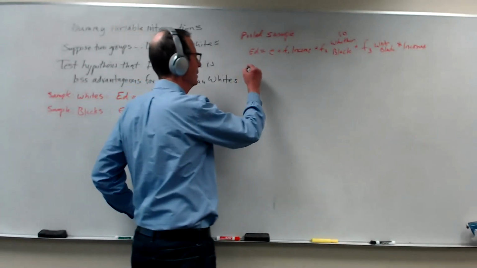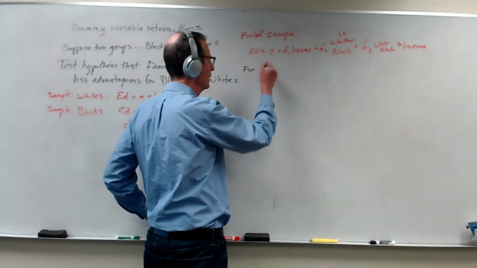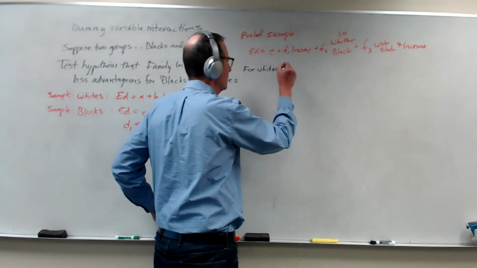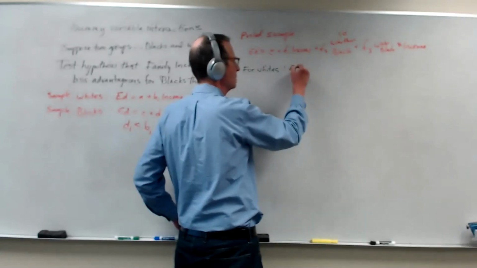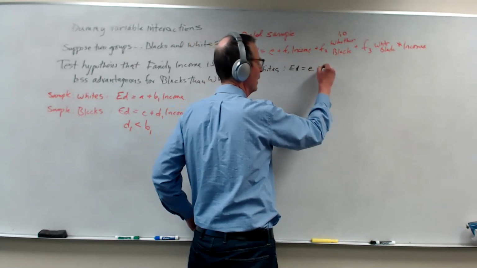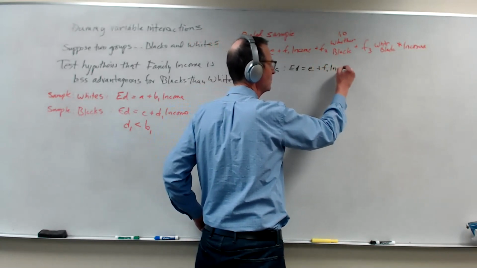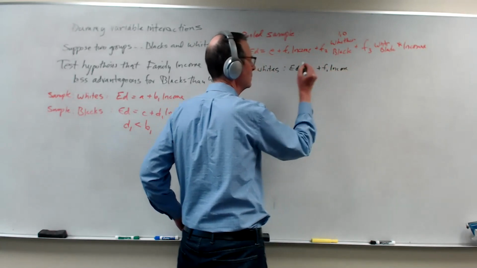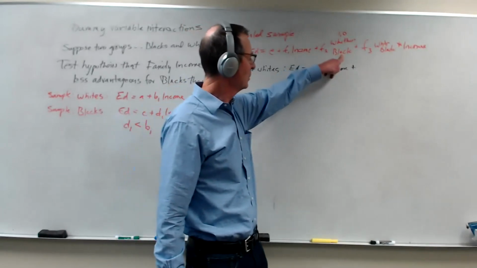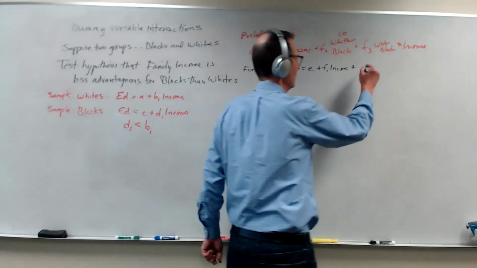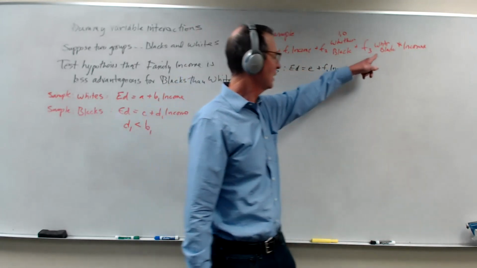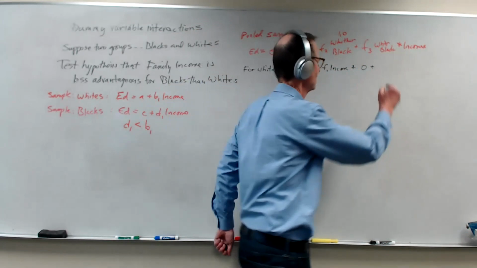In this case, for whites in this pooled regression, we have education equals E plus F1 income plus, well, whites are going to have a 0 on whether black, so plus 0, plus, and whites are going to have a 0 on whether black times income.